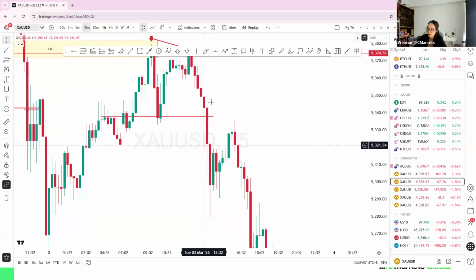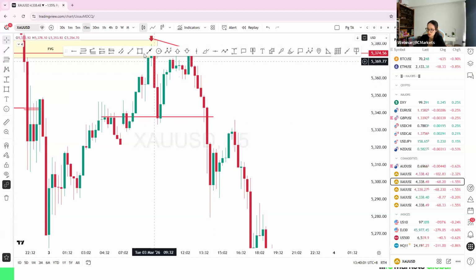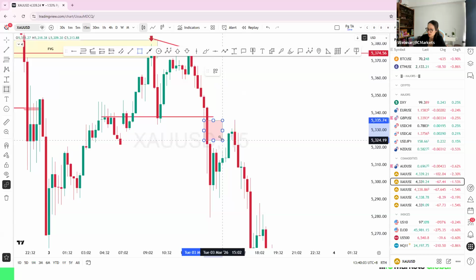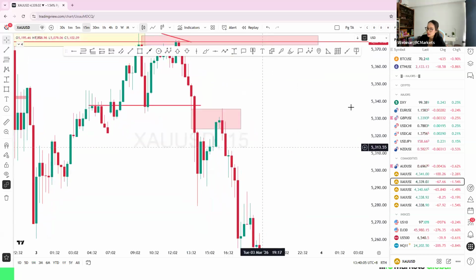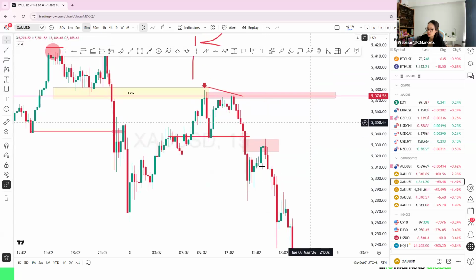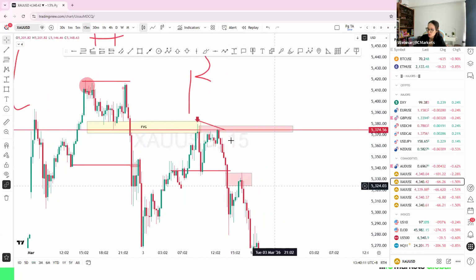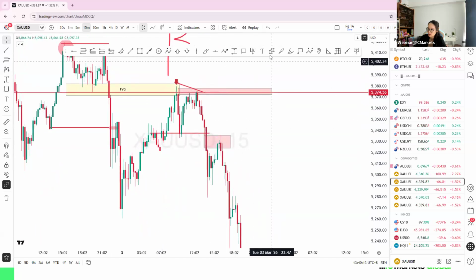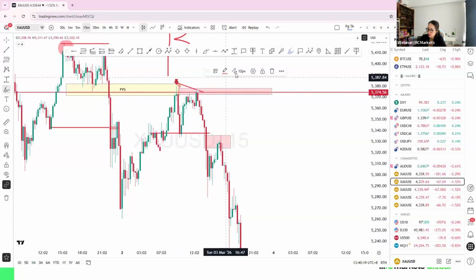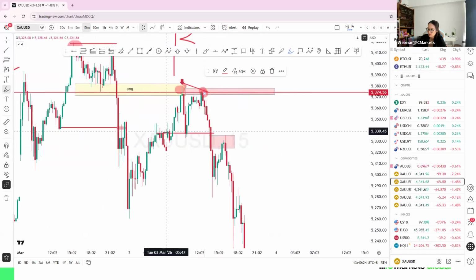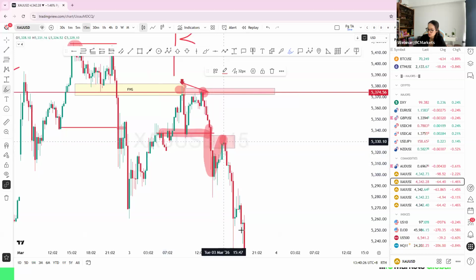Whenever you see a breakout of a key level, you can see that they're going to create the FVG, or fair value gap. This is the double top, completing the left shoulder, and then continuing to fall. You can consider this another equal high, equal high here. Then breakout, retest, sell.